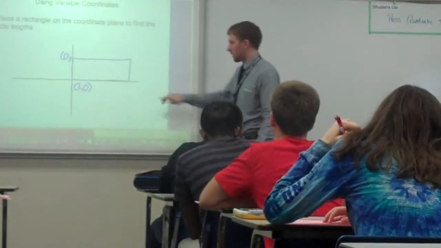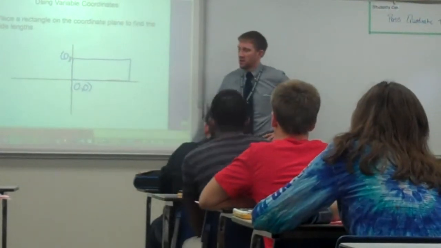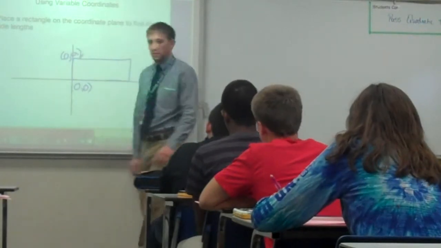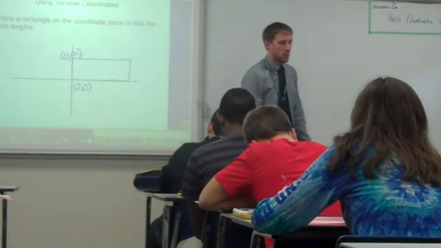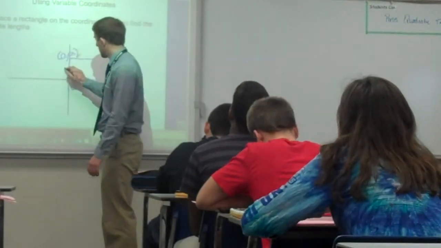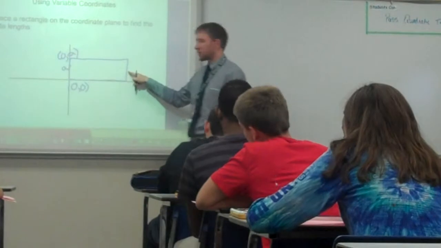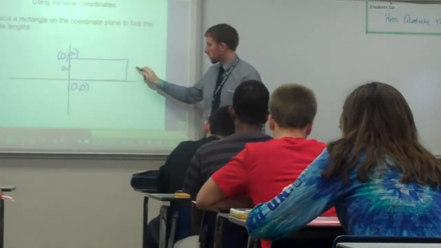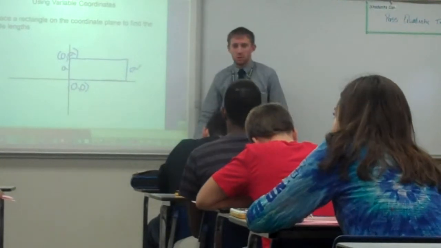Let's not use x or y because those are the coordinates. A. This rectangle is A units tall. So our height, our side length here, is A. What do we know about this side length? It's going to be the same, it's a rectangle. So it's also going to be A.